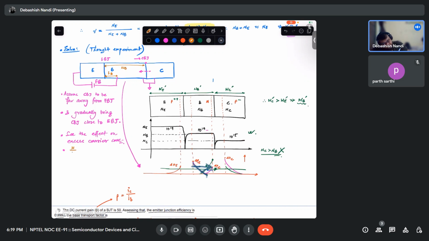In one case you take WB by LB much greater than 1, WB almost close to LB. In another case WB by LB much less than 1. See the effect on this diagram. You will get much more insight, and once you are done with this you will not be able to forget how things are.